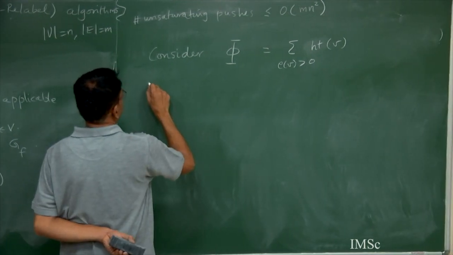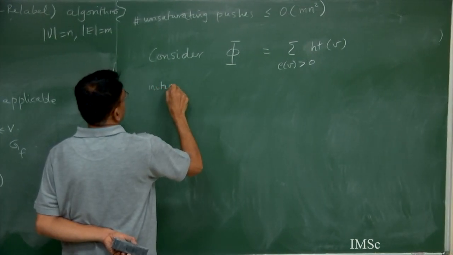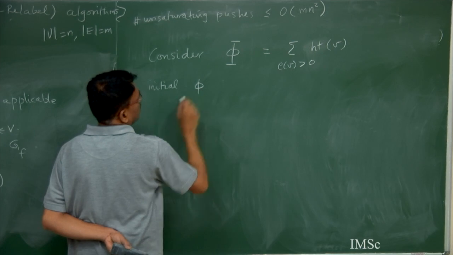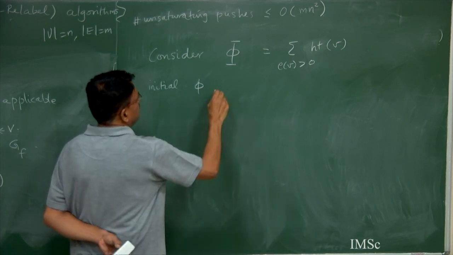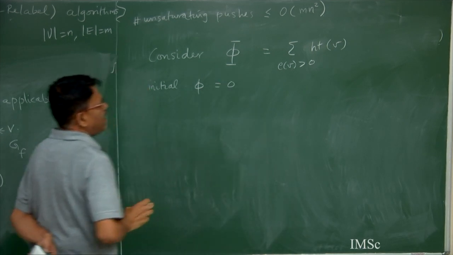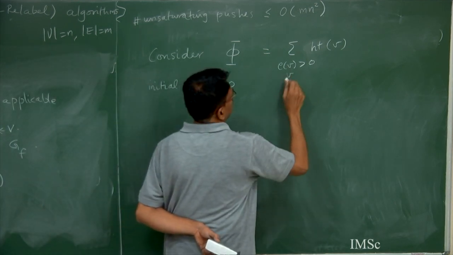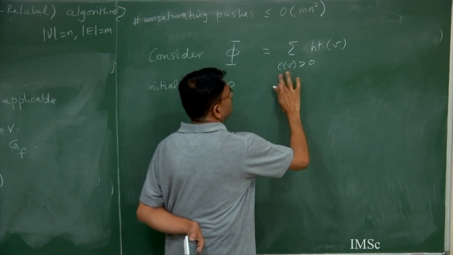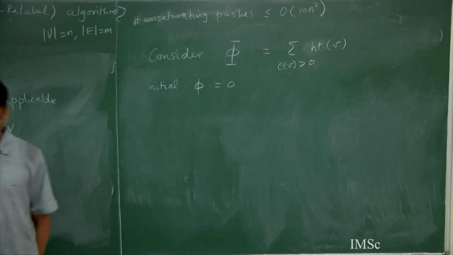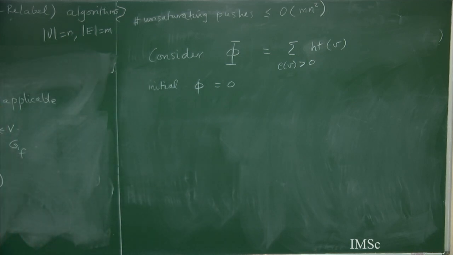So initial phi is 0, because S is the only vertex with non-zero height, but I'm not considering that, since it has only flow going out anyway, so it's fine.